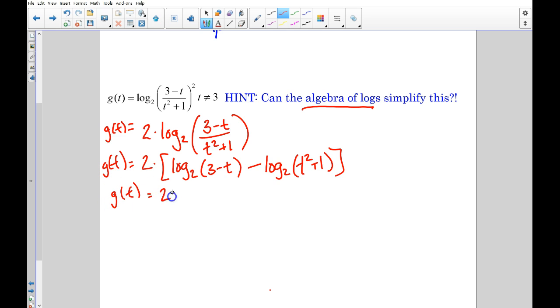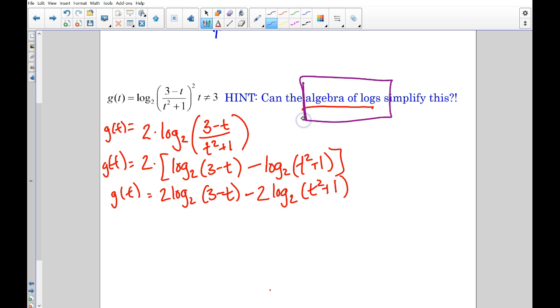So I'm going to write this as 2 log base 2 of (3 minus t) minus 2 log base 2 of (t squared plus 1). And now this is much easier for me to differentiate. So again, try to do some algebra before you actually differentiate.